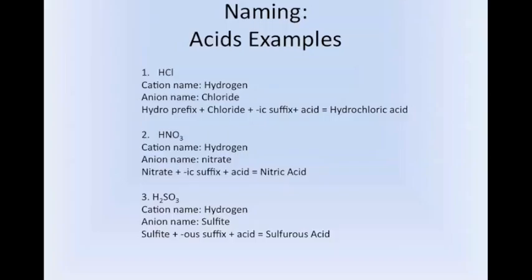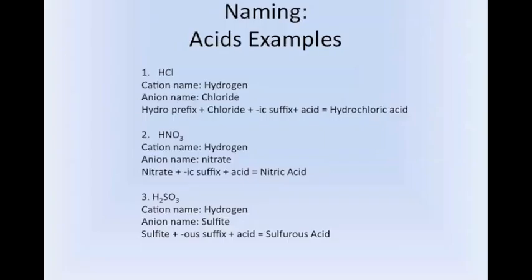And then we also have HNO3, and we notice that the cation is once again hydrogen, but the anion is nitrate. So we add an ic suffix in addition to acid to form nitric acid. And we also have H2SO3, and we identify that hydrogen once again is the cation name, and sulfite is the anion name.